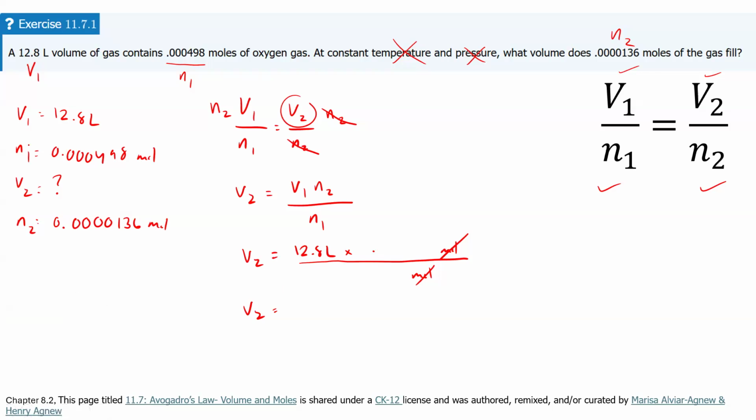All right, N1 is on the bottom. 0.000498, and this is 0.0000136. All right, let's do that over.